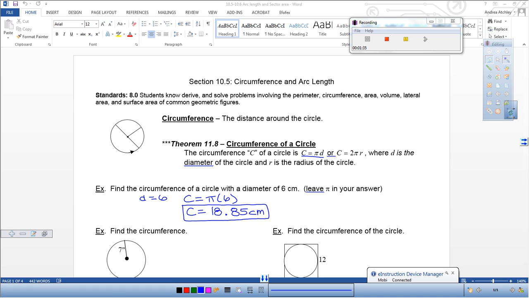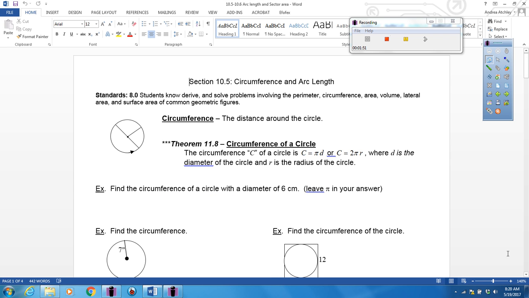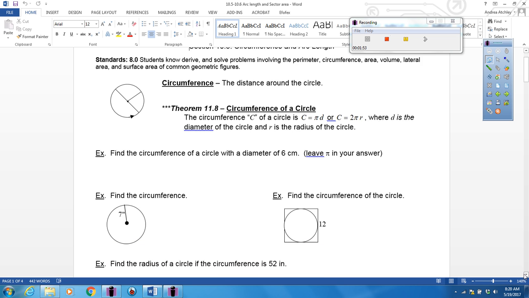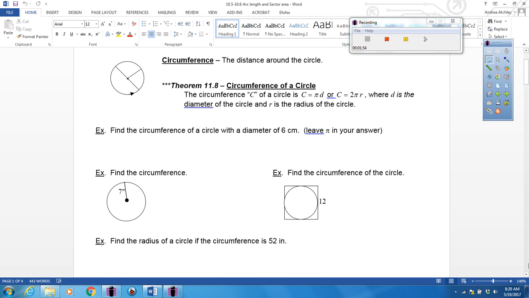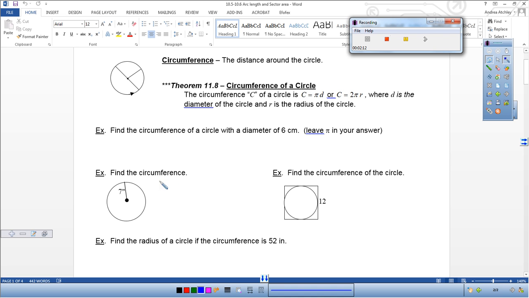Okay, find the circumference given the radius now. So since we have the radius this time, we need to take 2 times the radius times pi.